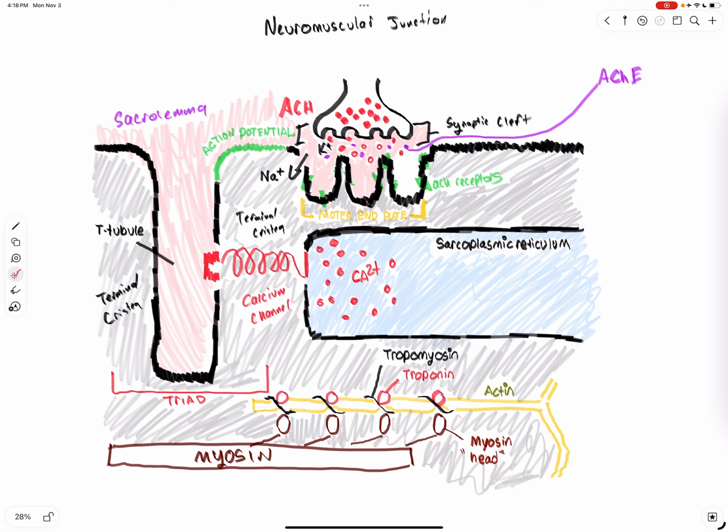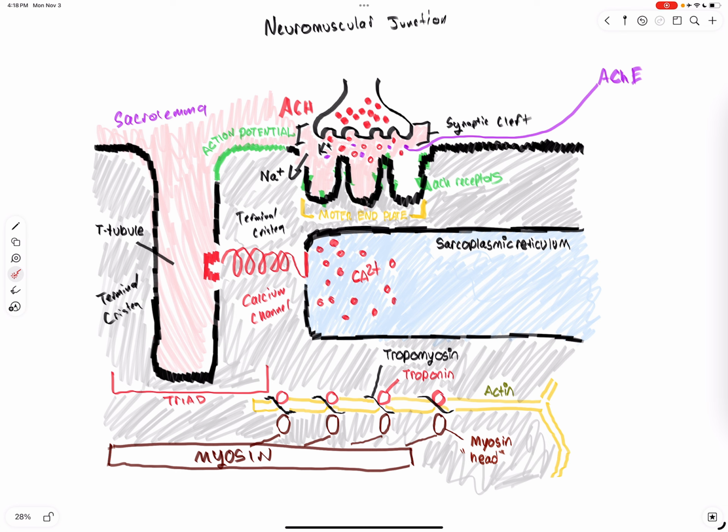So calcium binds to troponin, which is a protein that sits on tropomyosin, which normally blocks the binding sites on actin. Shown here.